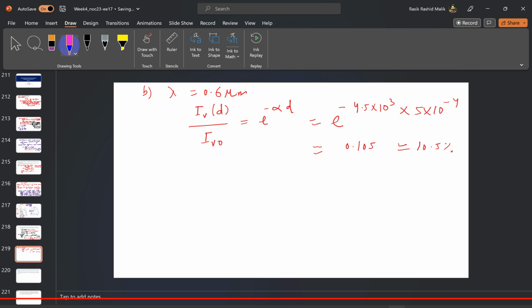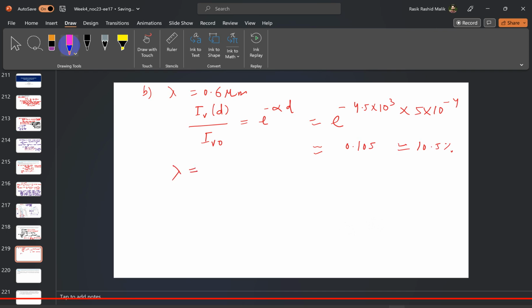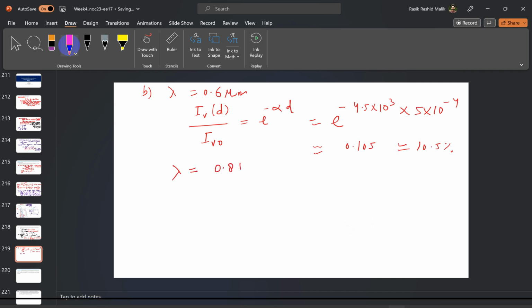So we see that when lambda was 0.8 and the case 2 was 0.6 micrometer, here 60.7% of photons were emerging, and here just 10% of photons are emerging, meaning the rest of the photons are absorbed. So when the wavelength is less, more absorption.